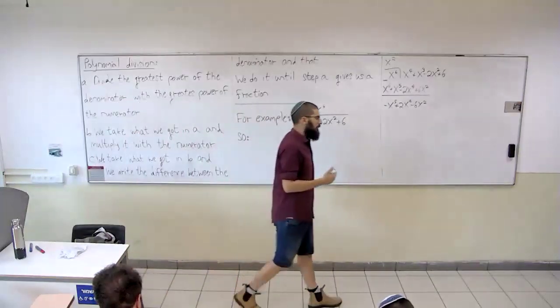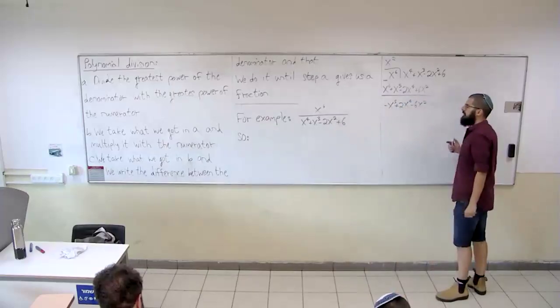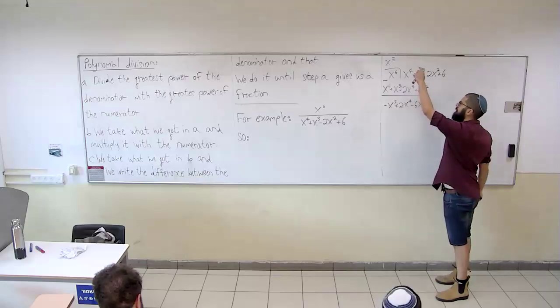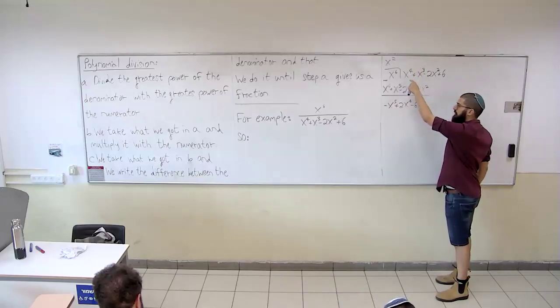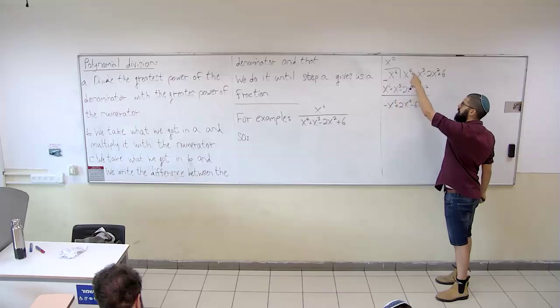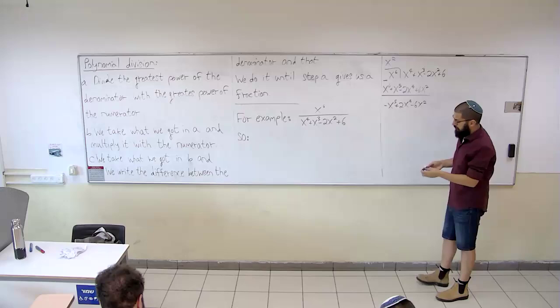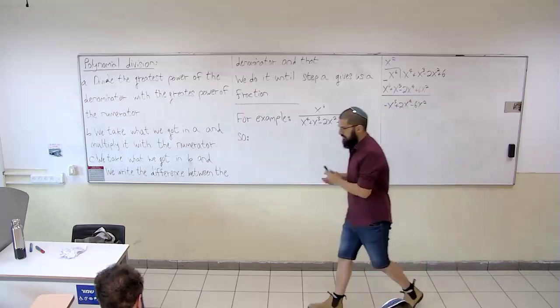As we can see, the power of our remainder is still greater than the power of the divisor. When we divide x to the power of 5 by x to the power of 4, we do not get a fraction. So we have to continue.